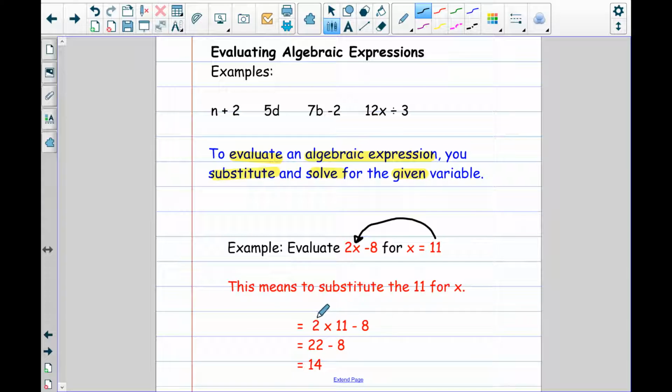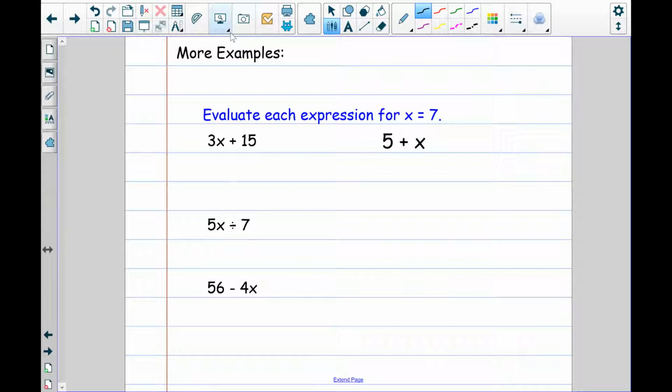So this means it's going to be 2 times 11 minus 8. Still, we follow the order of operations, which says I multiply before I subtract. So when I multiply, I get 22 minus 8 equals 14. So our final answer is 14. This expression, 2 times x minus 8, is equal to 14.